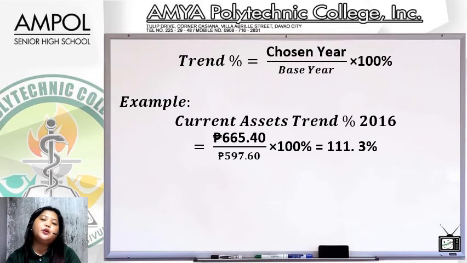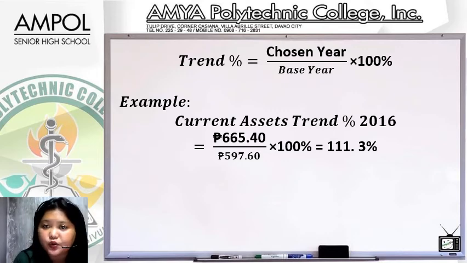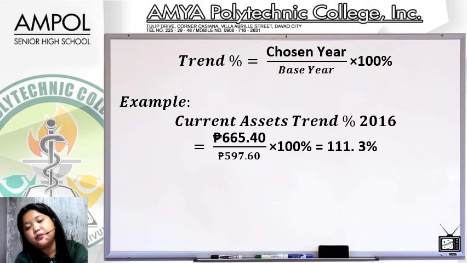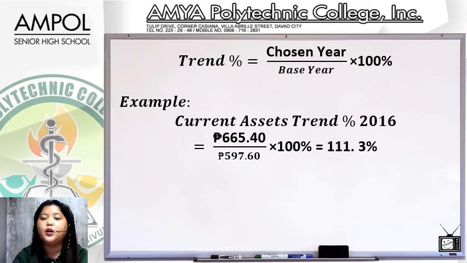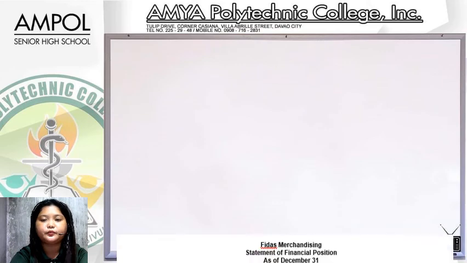So for example, the current assets trend percent of 2016. The chosen year is 2016. So the current assets in 2016 is 665 pesos and 40 centavos. And then the base year is 597 pesos and 60 centavos. Just multiply it by 100. So you are going to get the percentage of current assets for 2016.